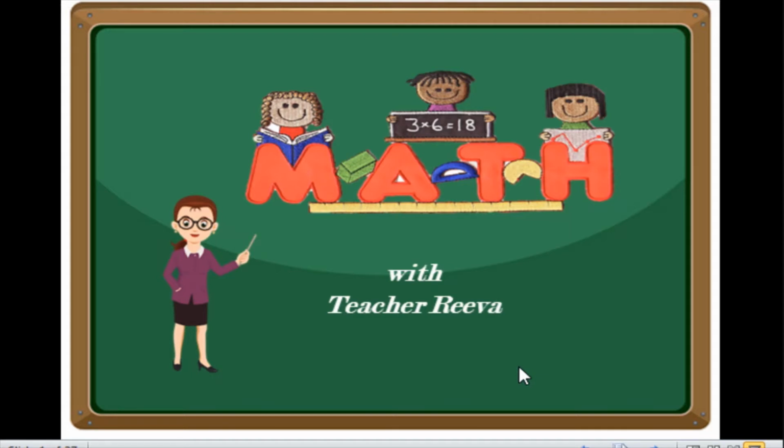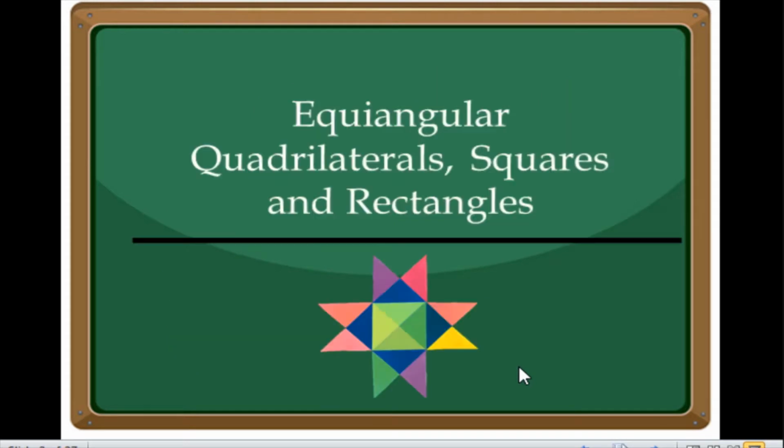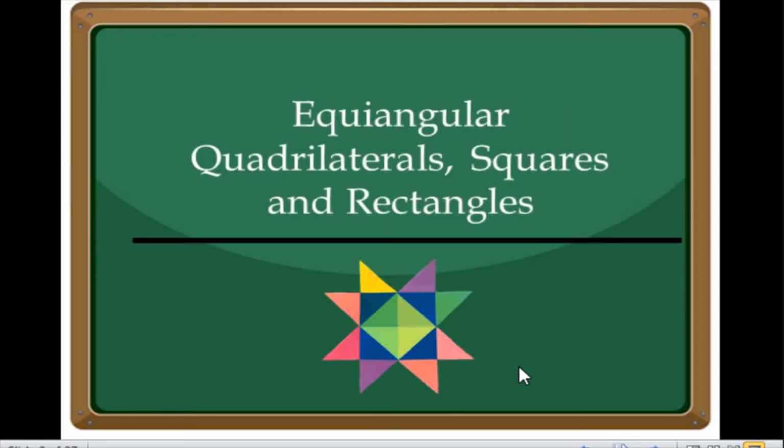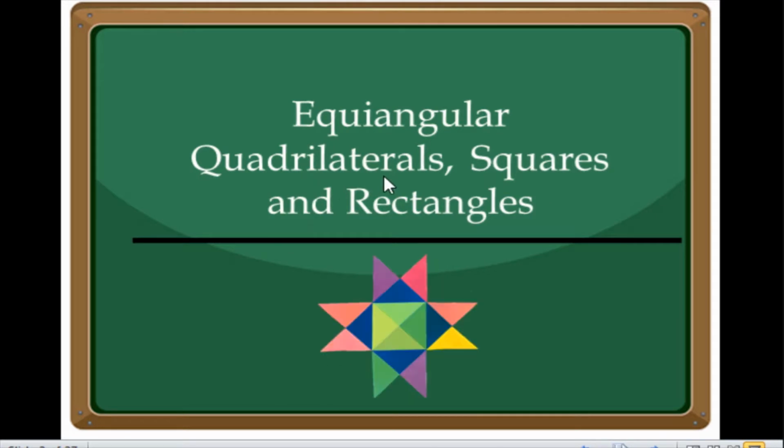Let's start with a short recap of what we studied last time. Last meeting, we learned about equiangular quadrilaterals, squares, and rectangles.